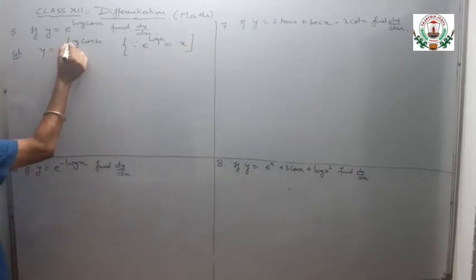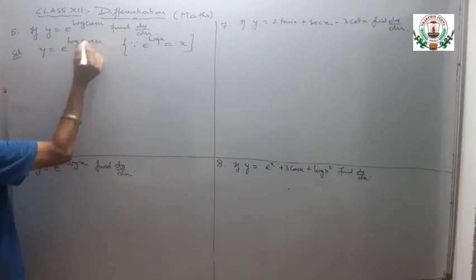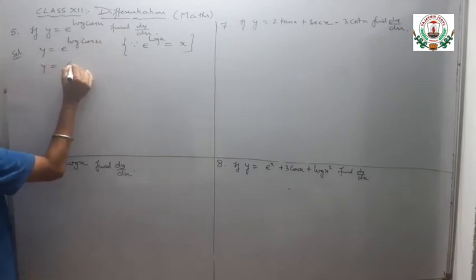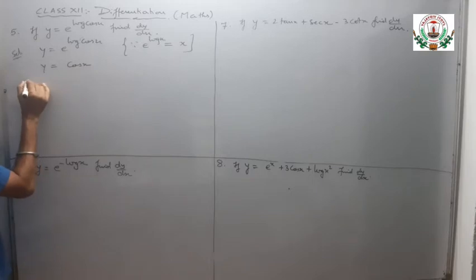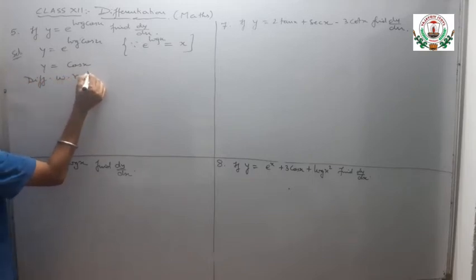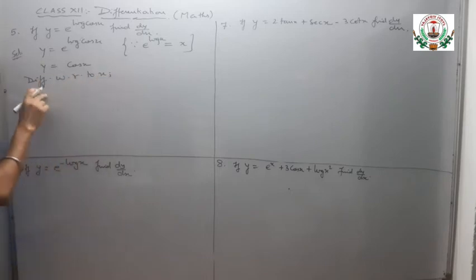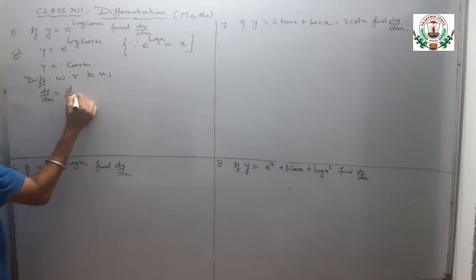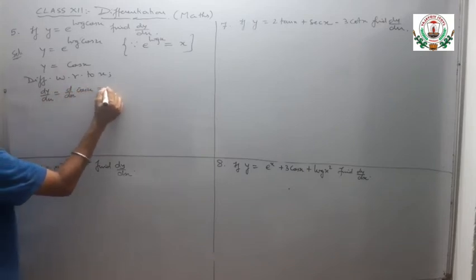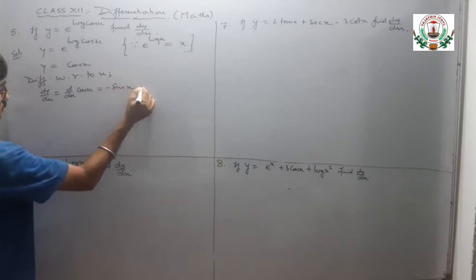Here in place of x we have cos x, so this becomes directly the cos x function. So differentiating now this function with respect to x, this step you have to write down before differentiation everywhere. So dy by dx is equal to d by dx of cos x, which is given as minus sin x.